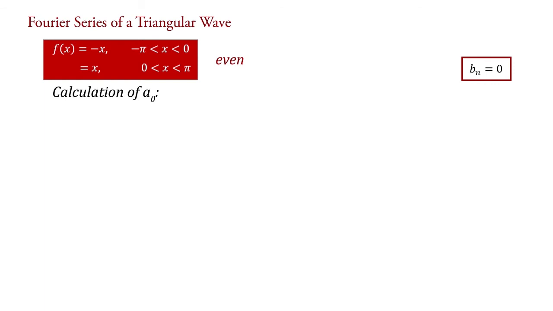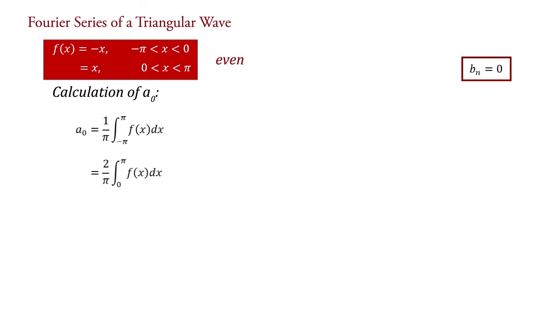Let's calculate a0. a0 equal to 1 upon pi integral minus pi to pi f of x dx. Since f of x is even, the limit of this integral is taken from 0 to pi and it is multiplied by 2. That is, a0 equal to 2 upon pi integral 0 to pi f of x dx.